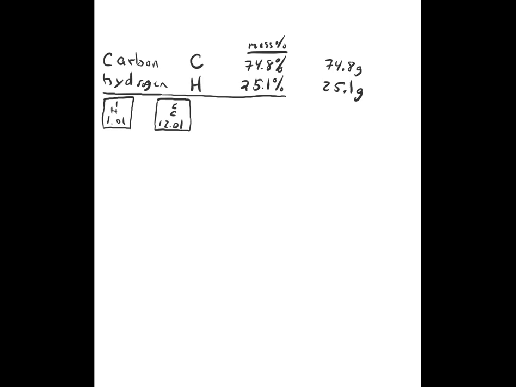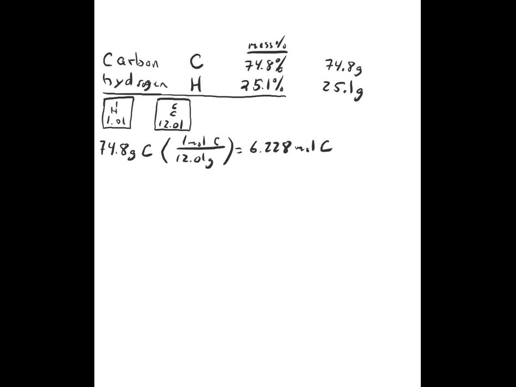Okay, so let's do carbon first. We have 74.8 grams of carbon. We're going to divide by the molar mass. Okay, remember the molar mass is the mass of 1 mole, and it's in grams. So 74.8 divided by 12.01, and you get 6.228 moles of carbon.